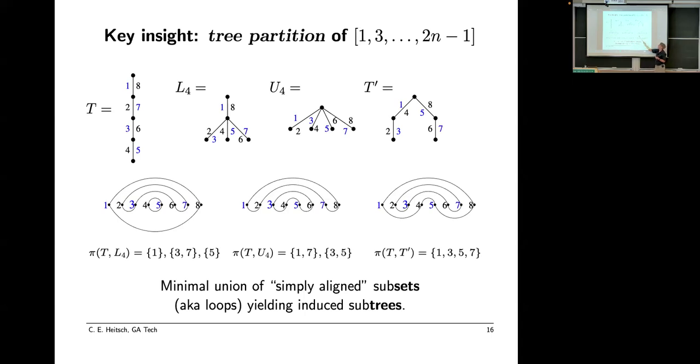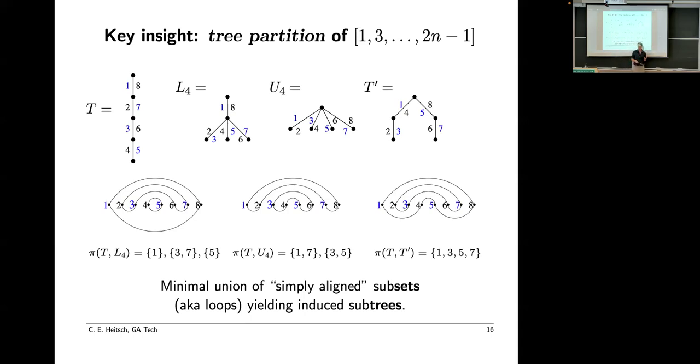In this one, what happens is, I look at the first loop and I say, okay, 1 and 5 need to be in the same subset together. And in this tree, the edges with indices 1 and 5 are connected, but in T, they're not connected. And so I have to take the union of the 1, 5 subset with something that then makes the minimal one, which allows me to have it be connected in this tree.